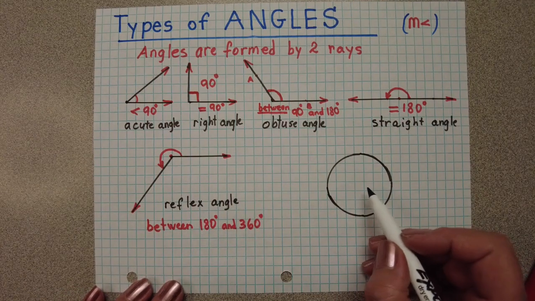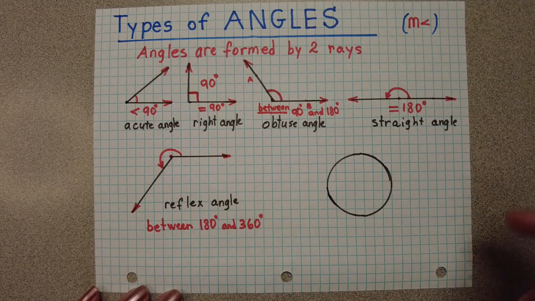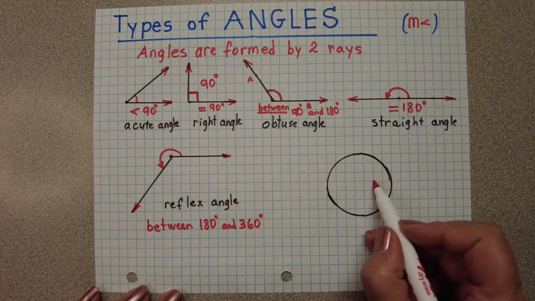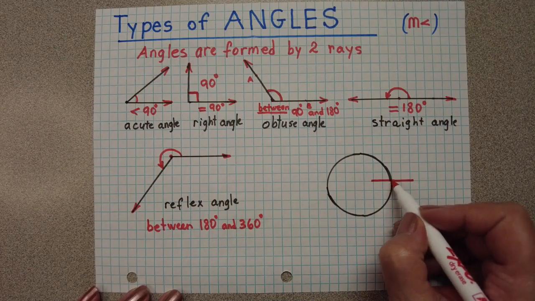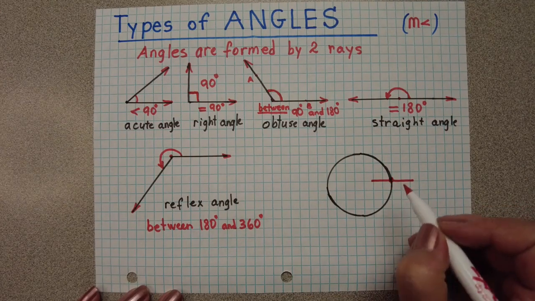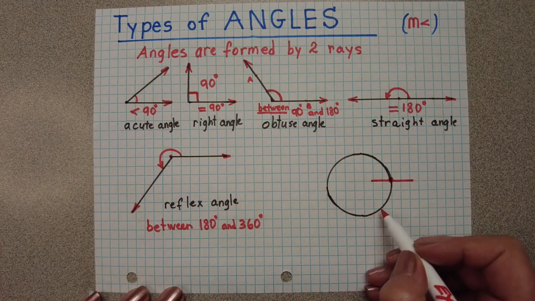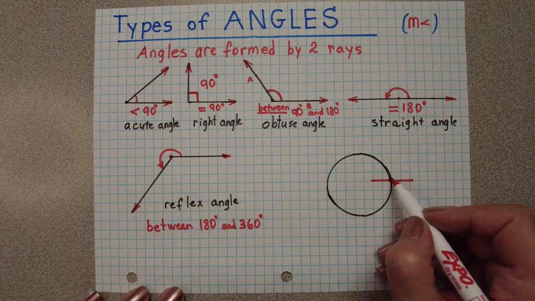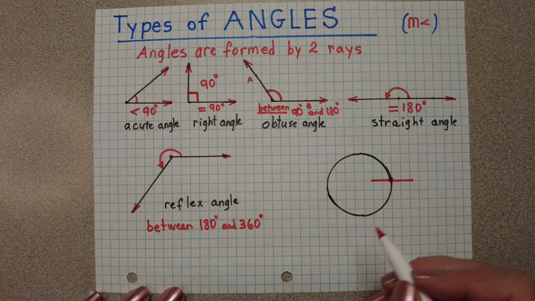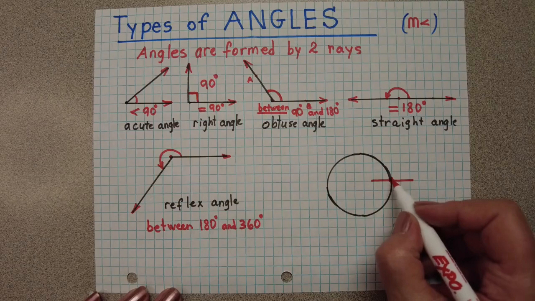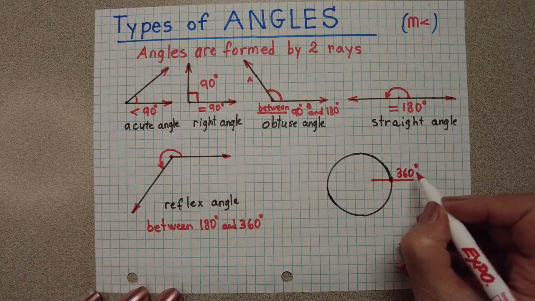What about this circle? If you see the circle, do you see any angle here? You don't. But we will imagine this is our line here. We start from this point and we make a full rotation of this circle. We go all around the circumference of the circle, and we will end with 360 degrees.